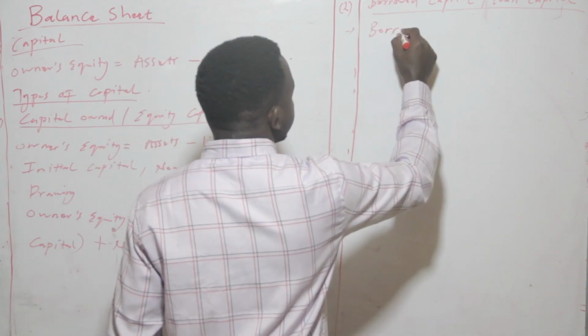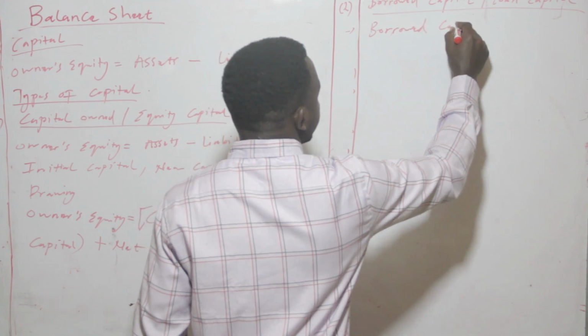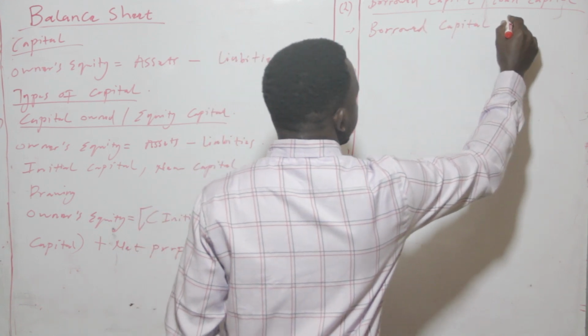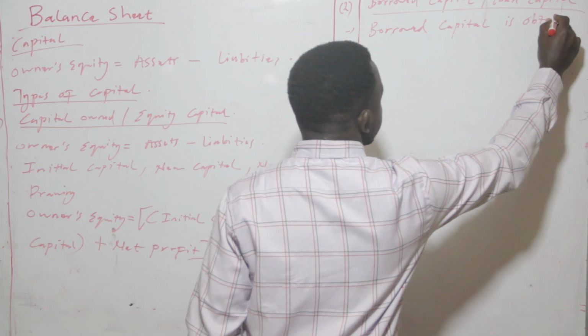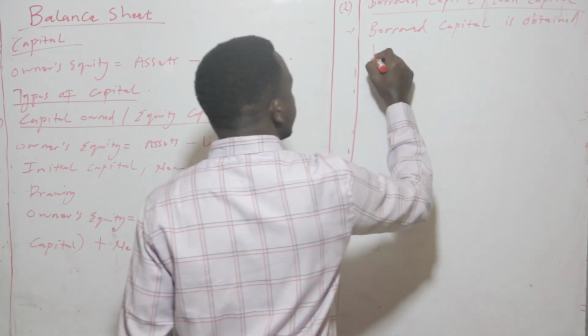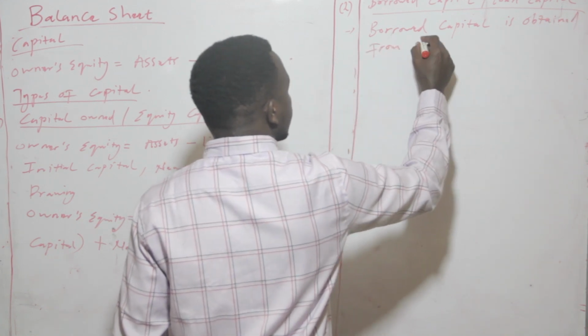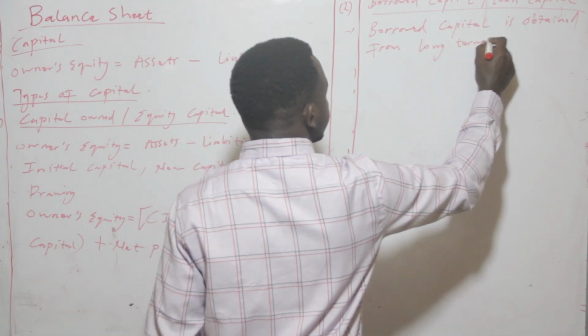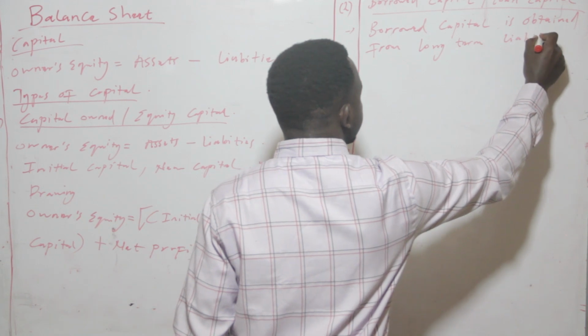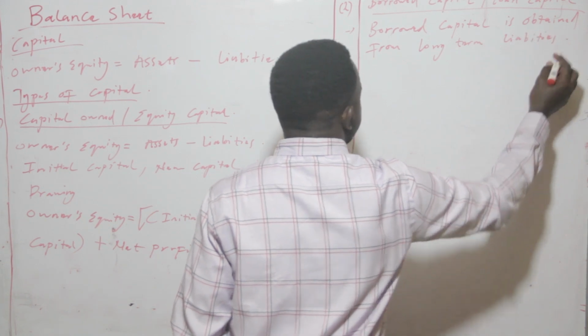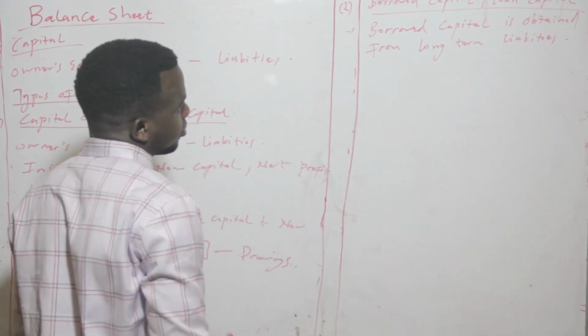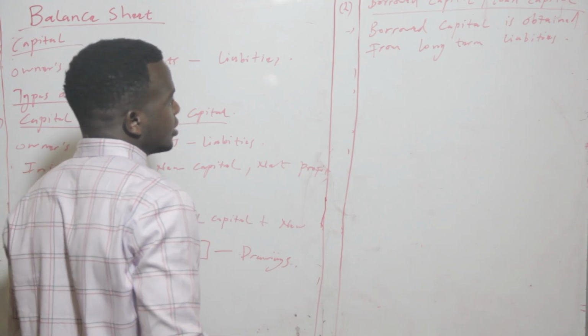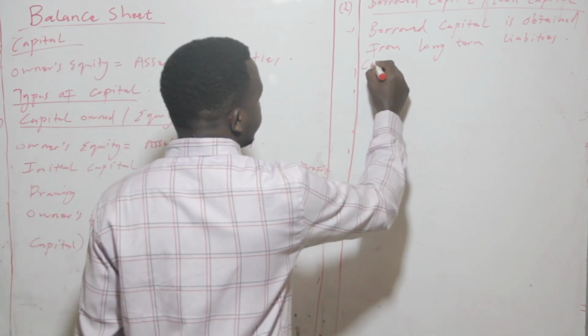So borrowed capital is obtained from long-term liabilities, and that means that it can be obtained from bank loan and debenture.